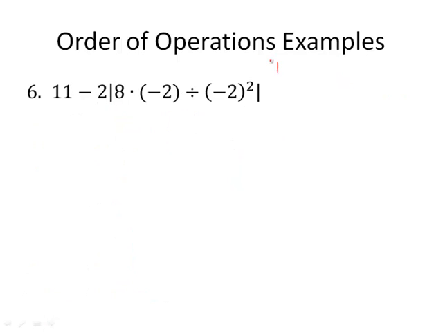Here's another long one. Pause, try it out, and then come back and see if you get it. Alright, so big bracket, big absolute value here that we have to complete first. The subtraction gets done at the very end. Do not do it right away. Just keep rewriting it until the very end.